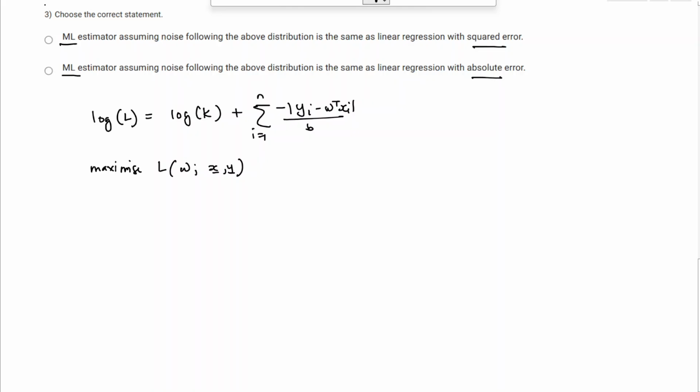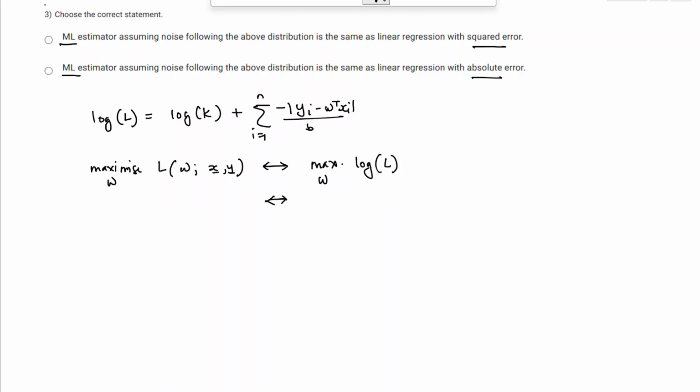Now we know that maximizing this is the same as maximizing log L. But what are we changing? We are changing the parameter w, so maximize with respect to w.